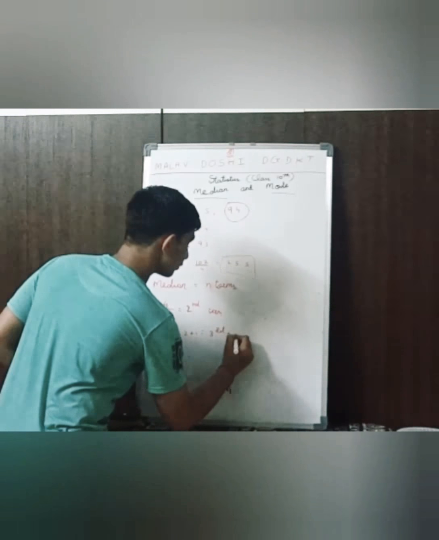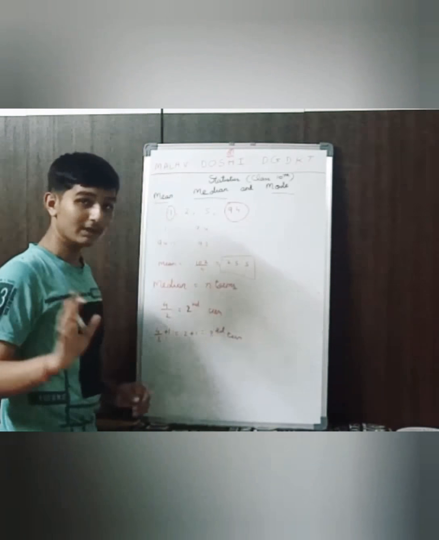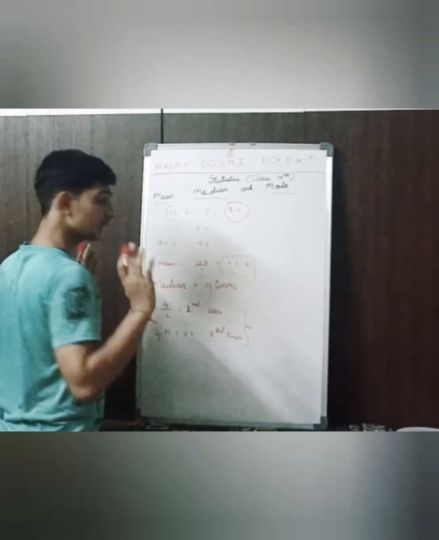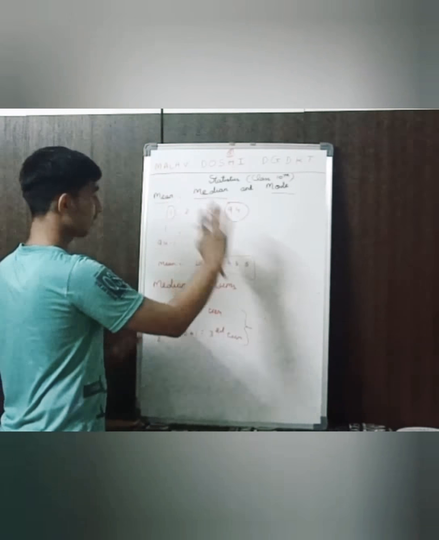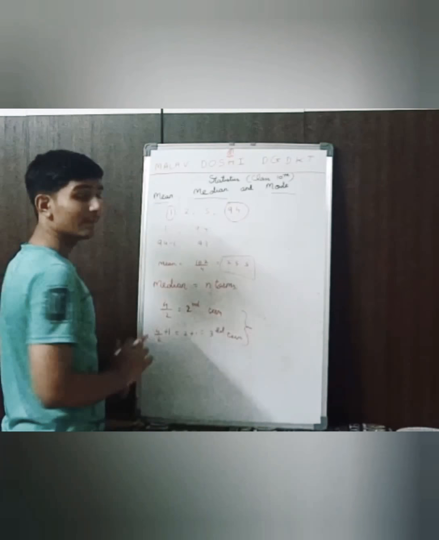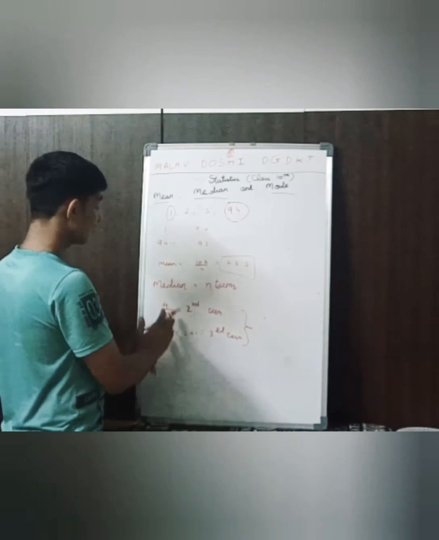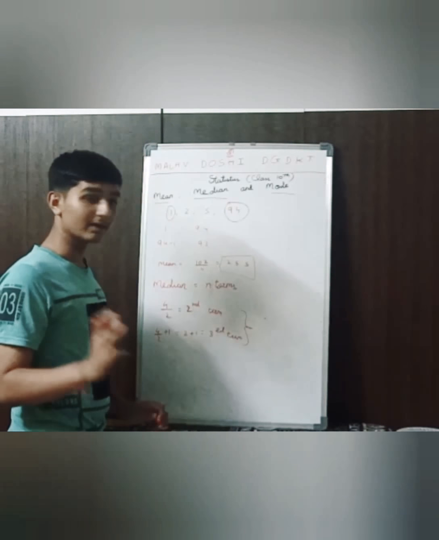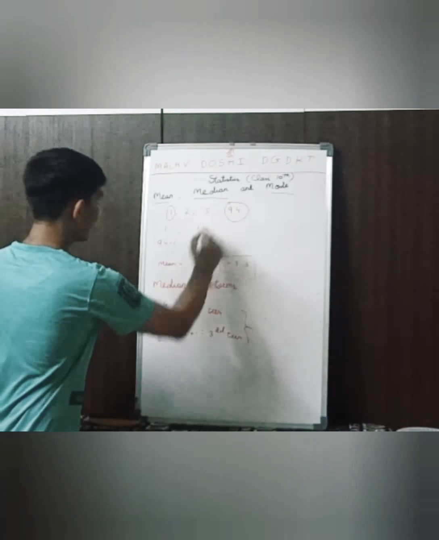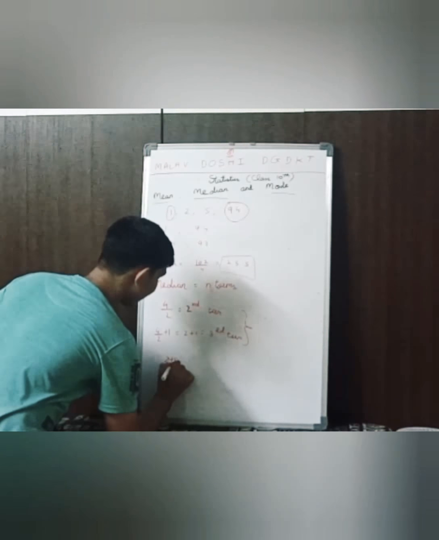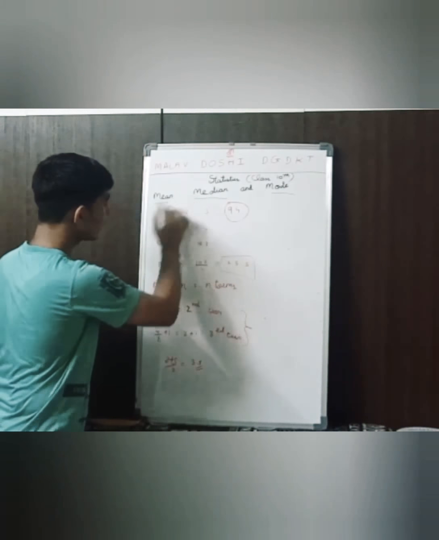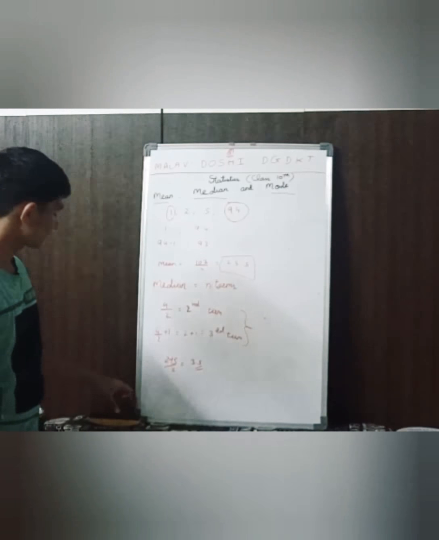So if there is an even number of terms, take the mean of both. Just do one thing: if there is an even number of terms, then do n by 2. For example, here it is 4. Then you will get 4 by 2, the second term, and 4 by 2 plus 1, that is the third term. Take the average of second and third, that is 3 plus 5 by 2. You will get 4. Therefore, the median of these 4 is 4.